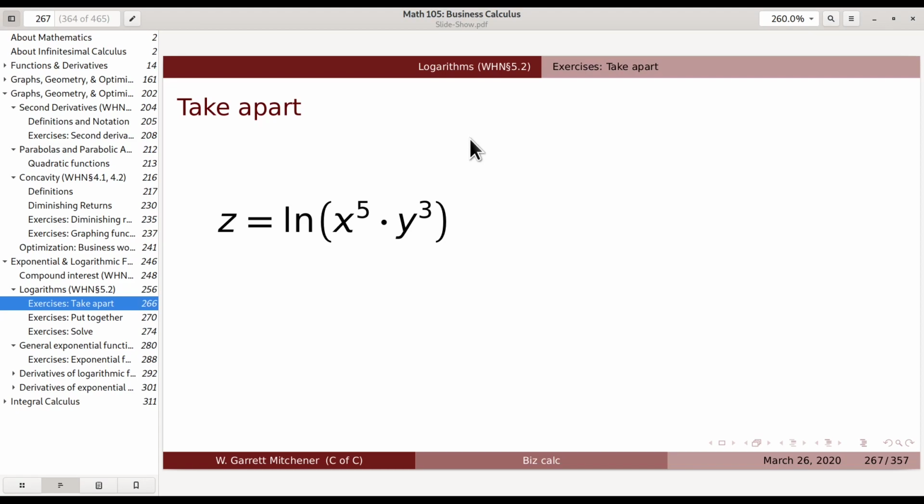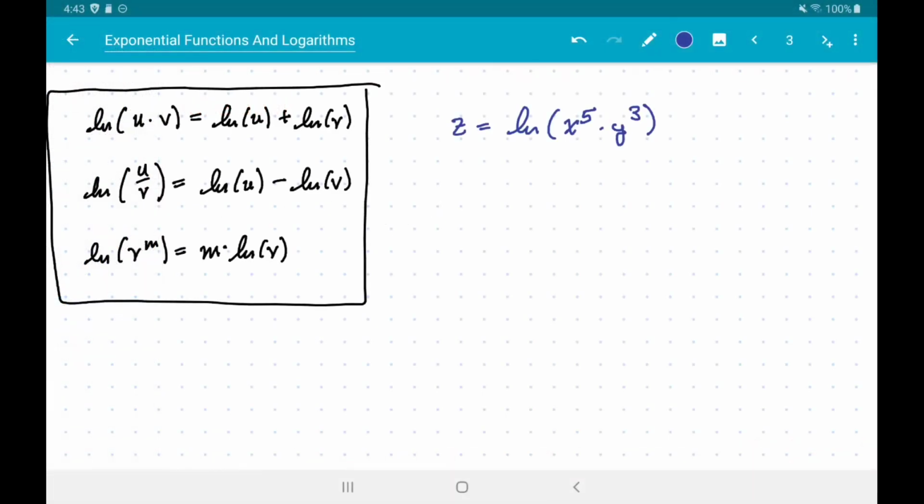I've given it the name z just so that I have equations to write. Sometimes that's just a little easier for explaining things. Okay, so there's this, and our goal is to take this apart.